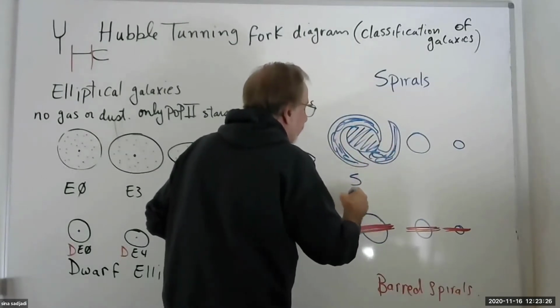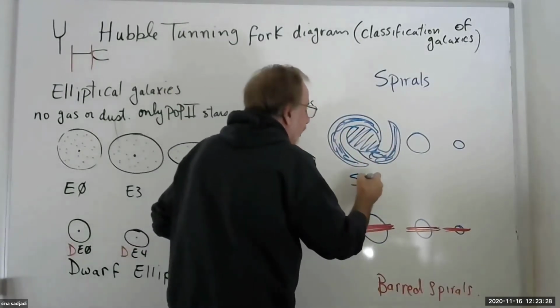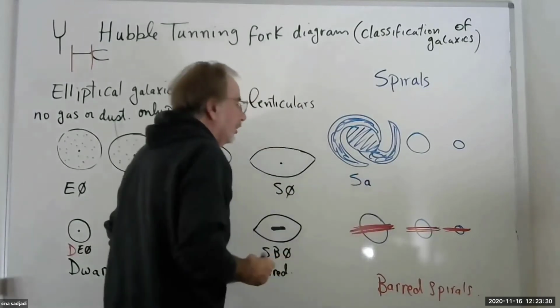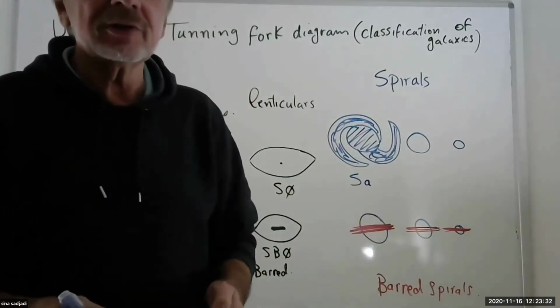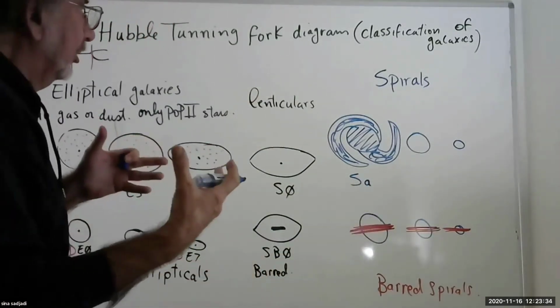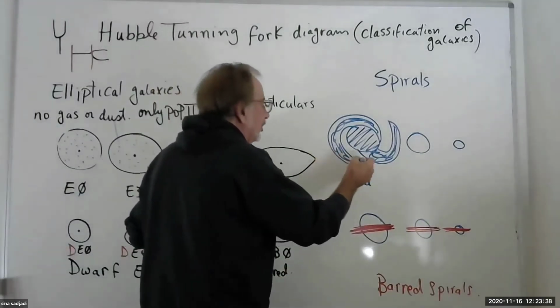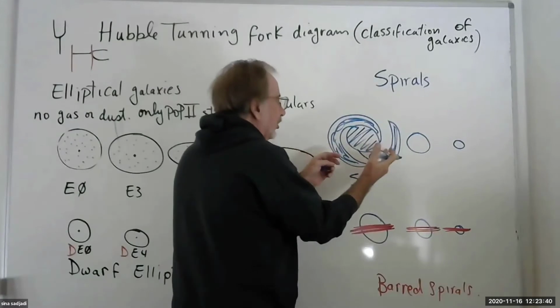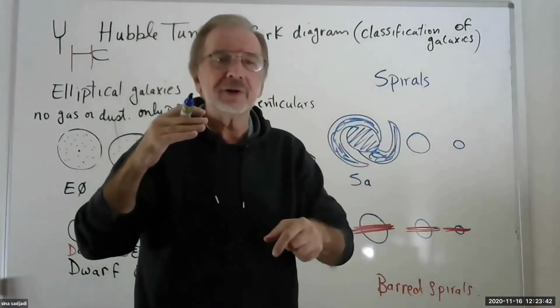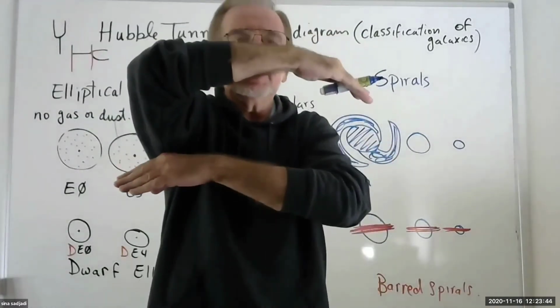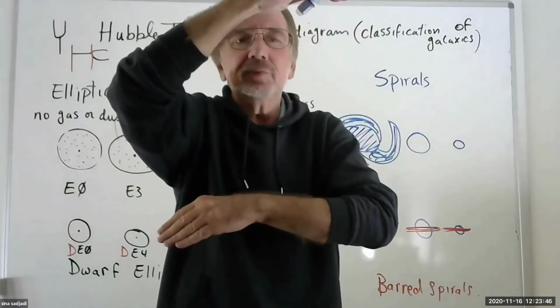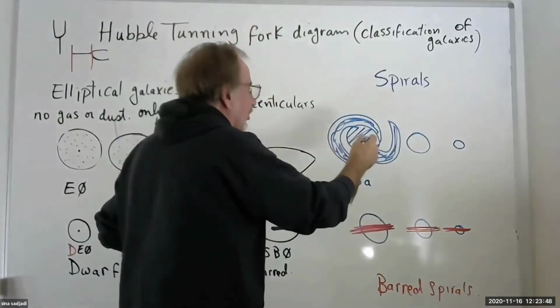Like that. We call these S for spiral, and then little a, SA type galaxies. So SA galaxies have a large nucleus and very tightly wound up spiral arms, really tight spiral arms. As they open up, their nucleus gets smaller.